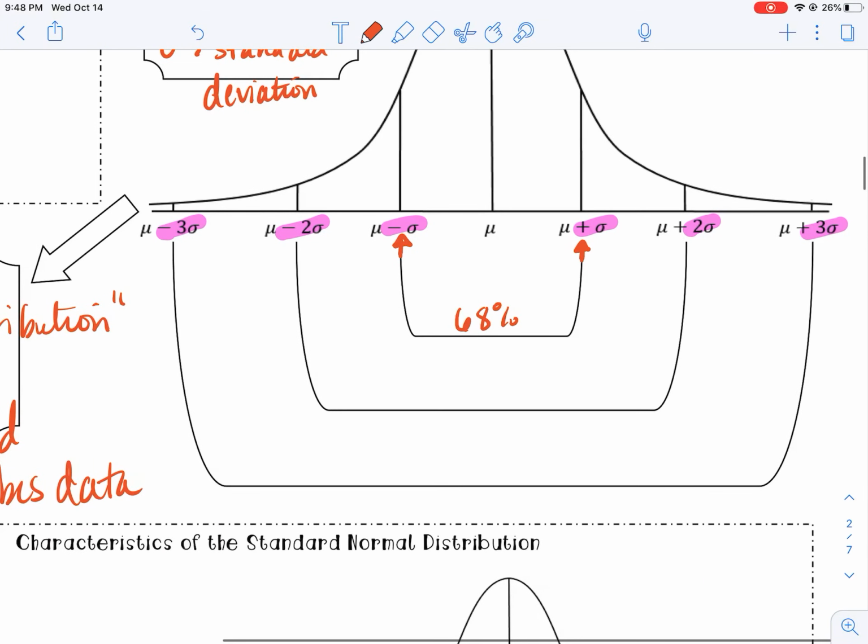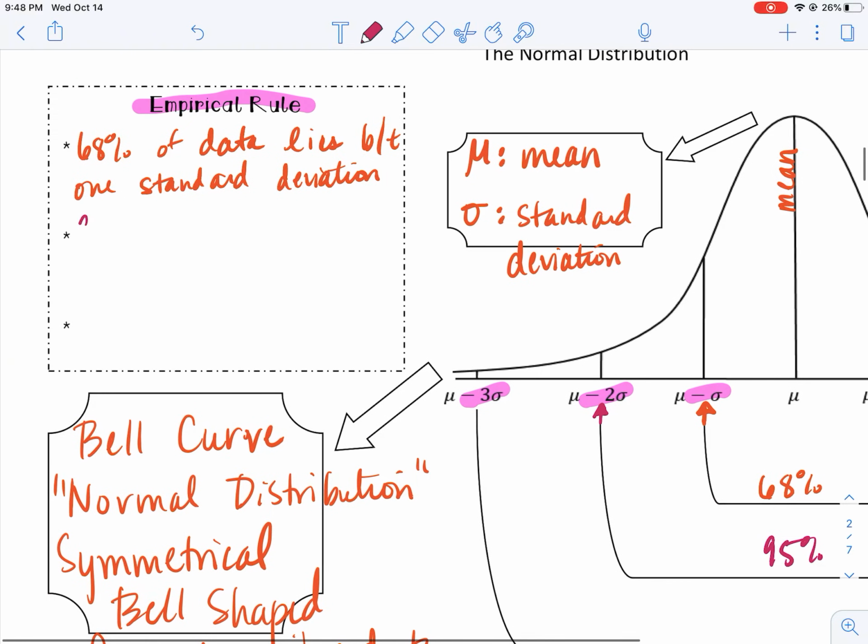The second, going one farther, would be two standard deviations away, so between each two, and that's 95% of the data.